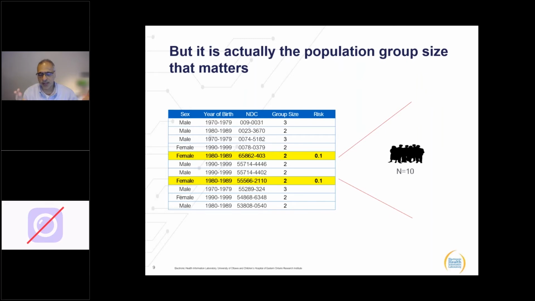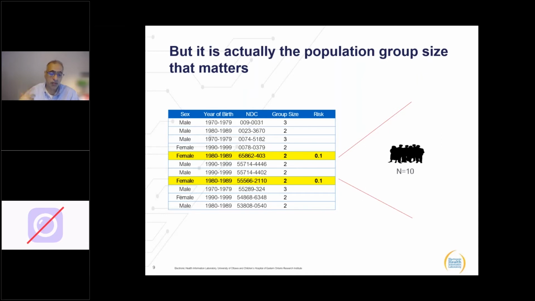So the data set has 10 records, and so the population that we're interested in is 10 people. But in practice, a data set is a sample, and therefore we have to worry about the group sizes in the population. So for example, how many females born between 1980 and 1989 exist in the population? There are 2 in our data set, but there are 10 in the population.